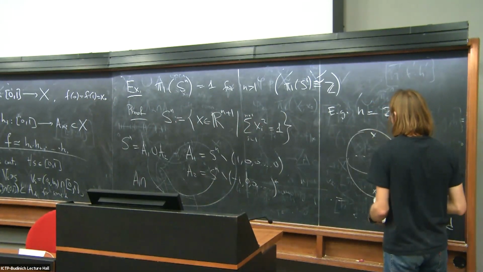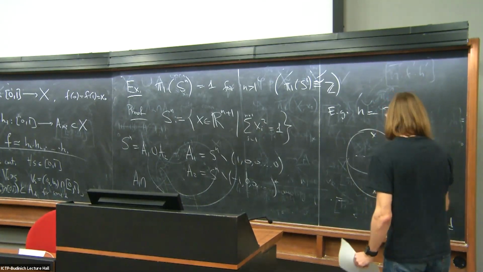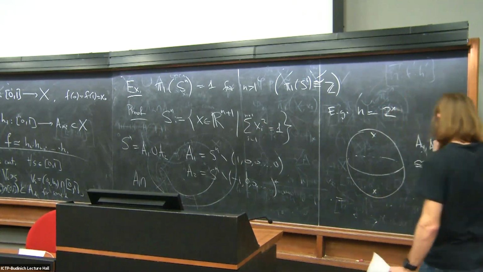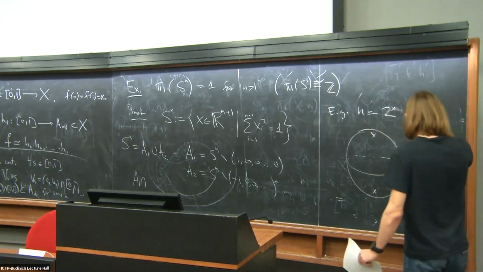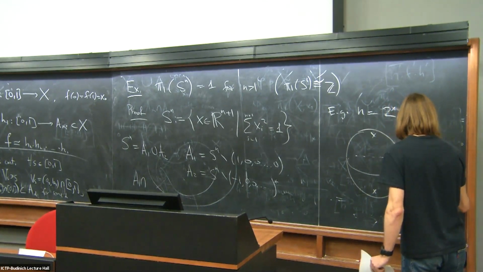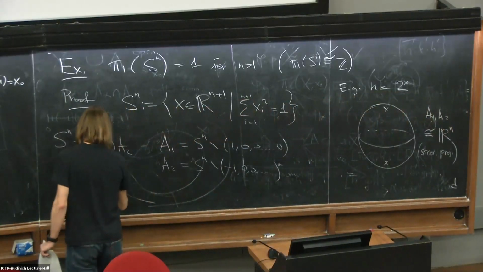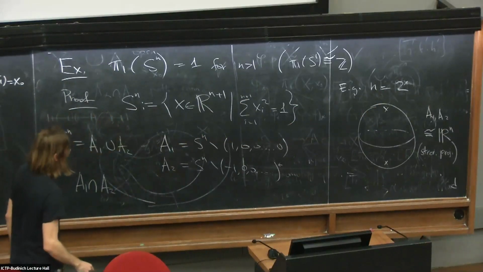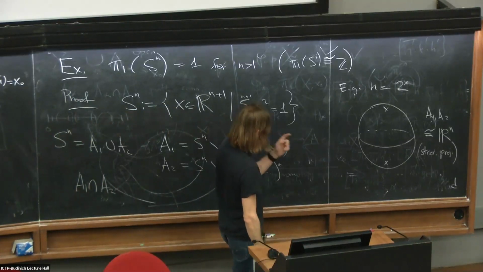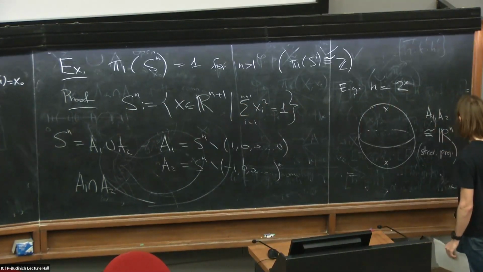Because again, for example, by stereographic projection, you can show that both of them are homeomorphic just to Rn. So they are all connected, and their intersection: for one of them you remove 1 point on a sphere, and you get something homeomorphic to Rn.